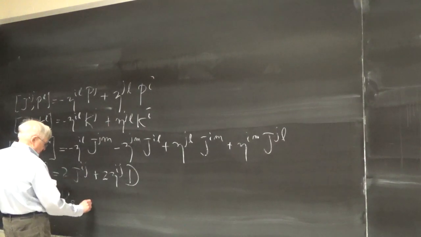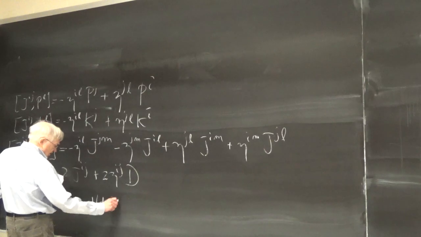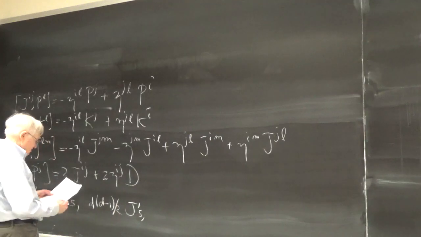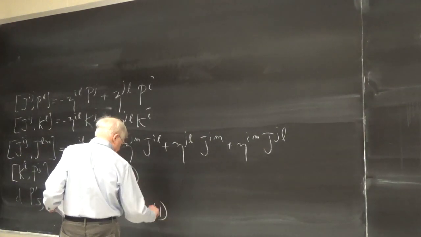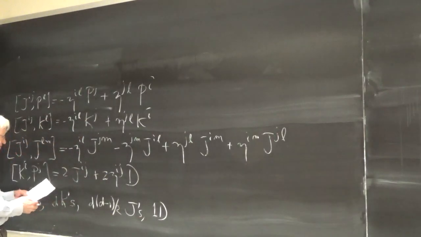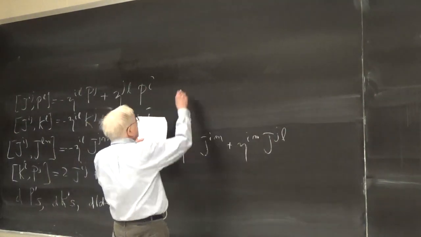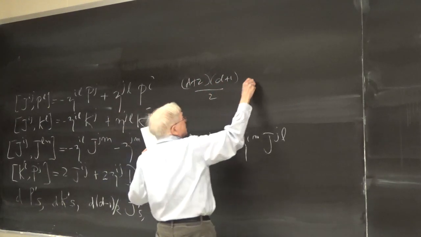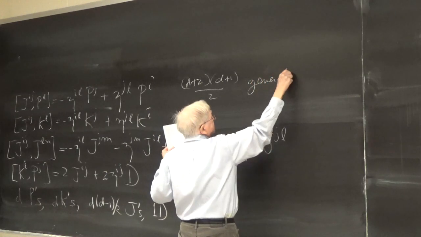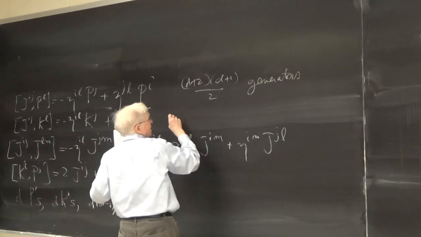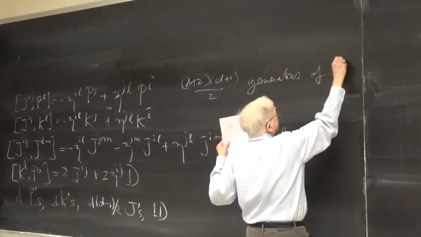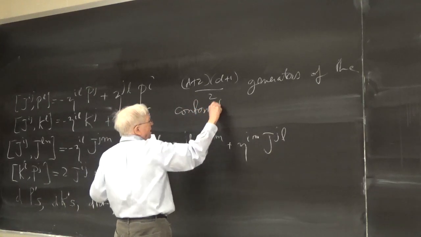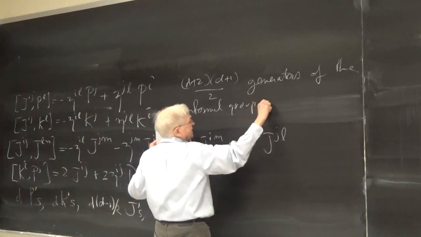For j's, there are d times d minus 1 over 2 j's. This again is d space-time dimensions, and there's 1 d. If you add them together, it's a total of d plus 2 times d plus 1 over 2 generators of the conformal group in d dimensions.